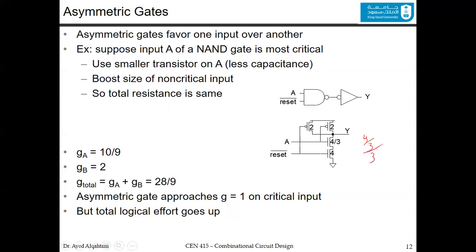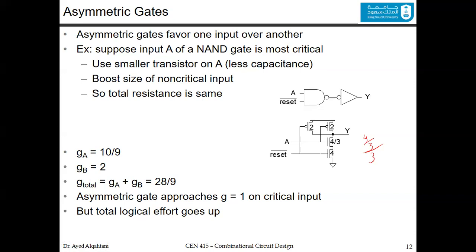That's the logical effort for A. Why are we doing this? We need to calculate the logical effort of A, the logical effort of the second input, which is the reset, and then we will see the logical effort of the whole circuit, and we want to conclude what's actually the effect of doing this, reducing the size of the transistor in the favored input and increasing the size of the other input.